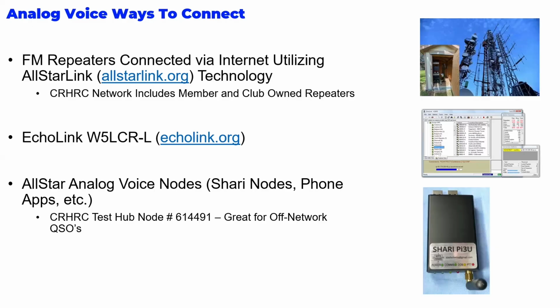So let's say you get two nodes that are on cell networks, and you can use that node to communicate between two sharing nodes that are on cell phones, or if somebody else is on a regular node where they do have two-way capability, where the cell phone user doesn't. That also is a great node to use to communicate. That's another cool tool about the 614491.